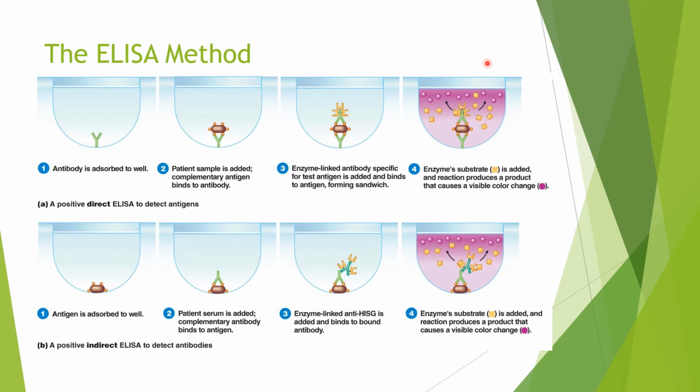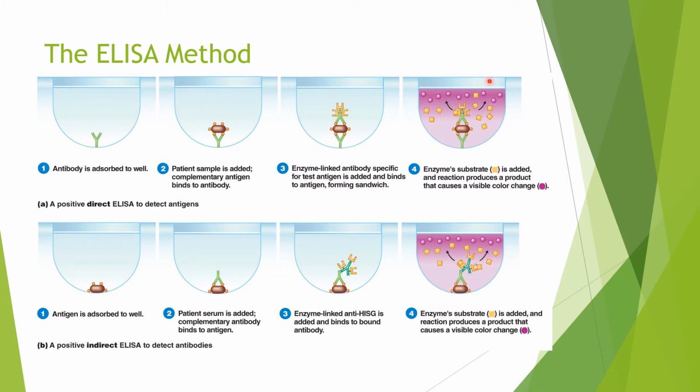Once the substrate binds to this enzyme, a reaction is going to take place, and the well is going to change color. So the solution in the well is going to start changing color. Once it changes color, then we know the patient has this specific bacterial infection. Over here, when we added the patient's sample and the bacteria was able to bind to the antibody, notice no change took place. So just by looking at the well, you're not going to be able to tell the patient has this bacterial infection because no change is taking place.